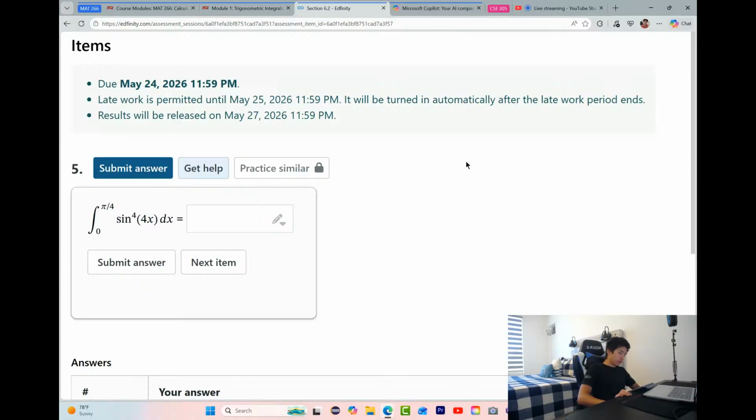We can split the power 4 of 4x into sine squared times sine squared of 4x, so maybe we could use an identity. We could replace it with 1 minus cosine squared, but I don't know if that's going to help us anymore. I believe u substitution is going to be the best method to use right now.